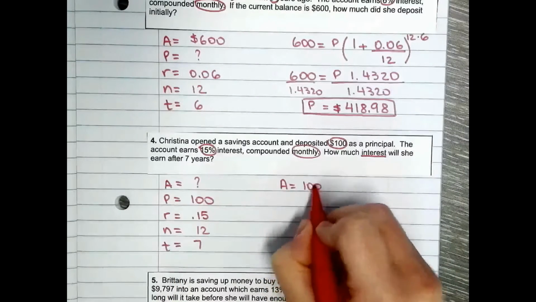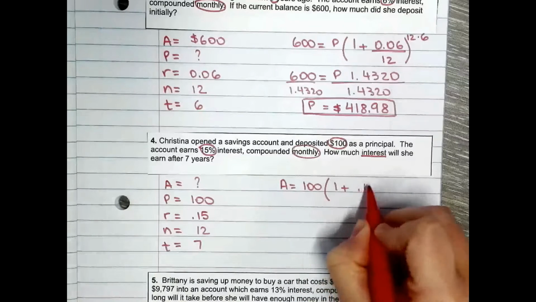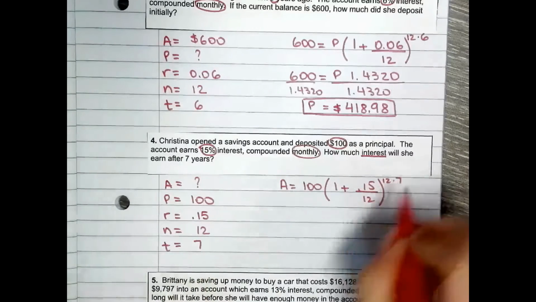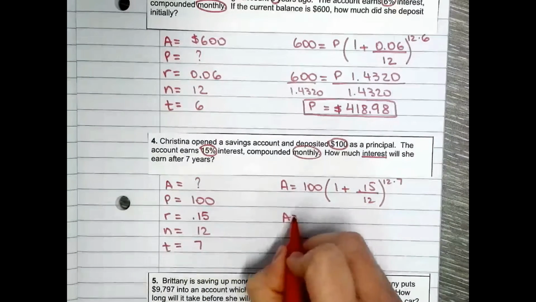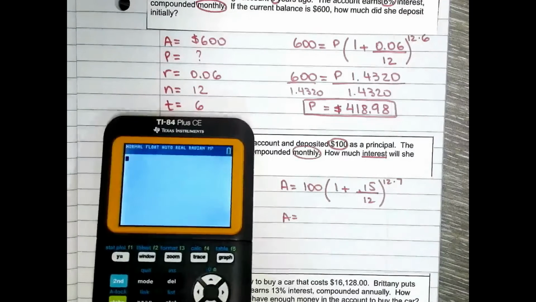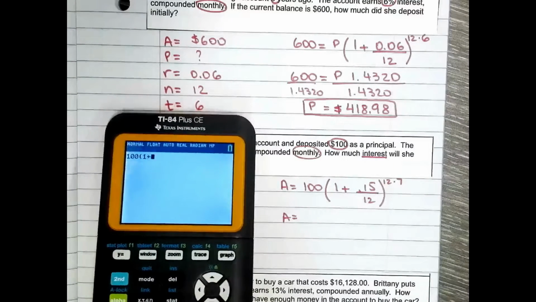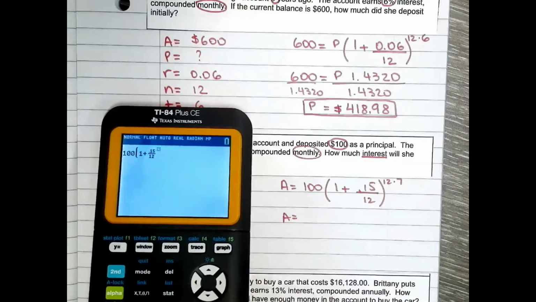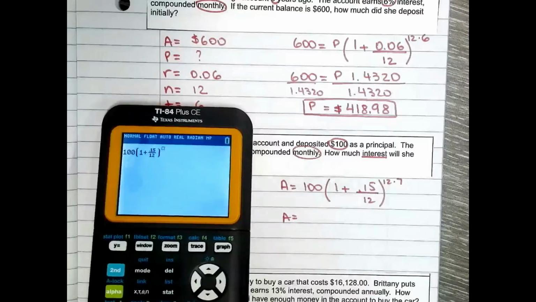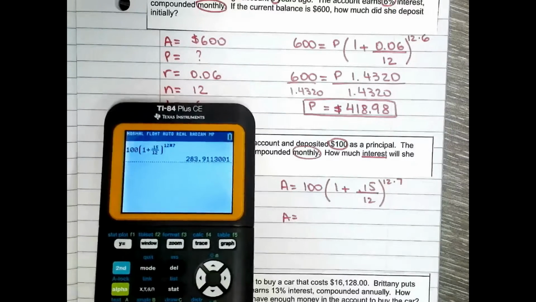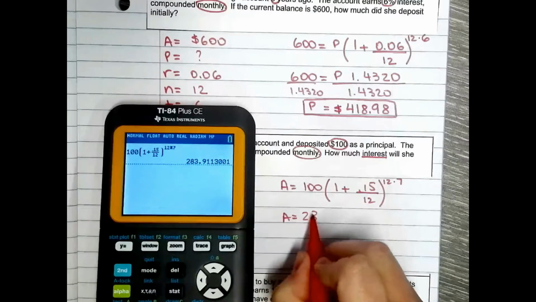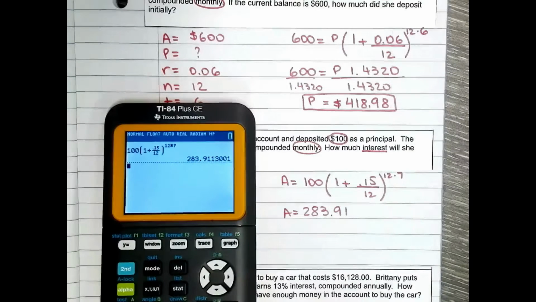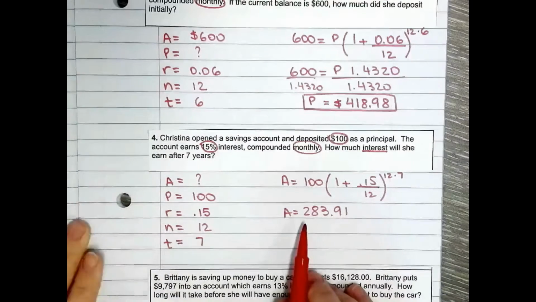Okay, so A equals P times 1 plus 0.15 over 12, everything raised to the power of 12 times 7. So the account balance after 7 years is $283.91. Now, the question is not asking what is the account balance after 7 years.